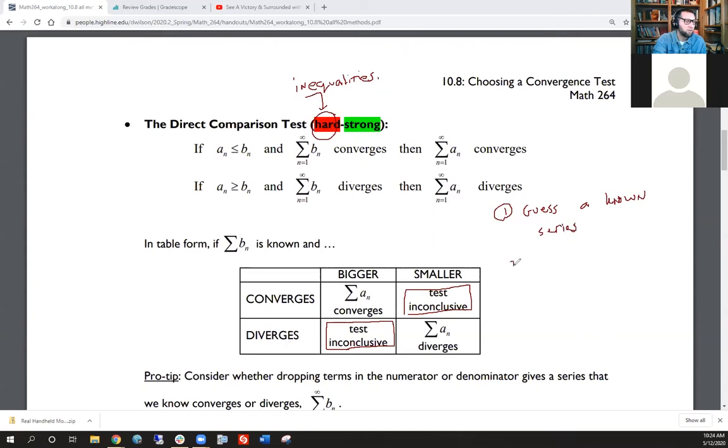And then you have to verify the inequality. Any questions about the direct comparison test?